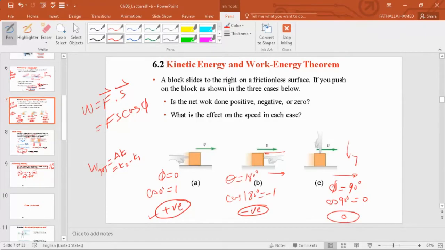In this case, the total work is negative, meaning K1 is greater than K2, and your speed is going to decrease because 1/2 mv1 squared is greater than 1/2 mv2 squared. And in this case, total work is equal to 0. That means K1 and K2 are the same, which means you're moving with constant speed.